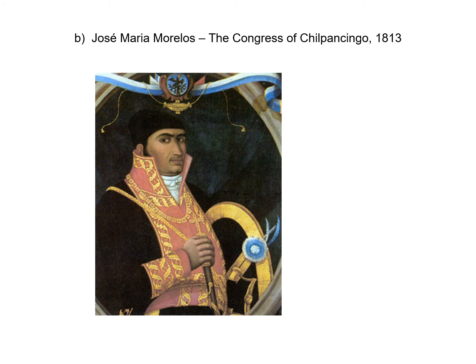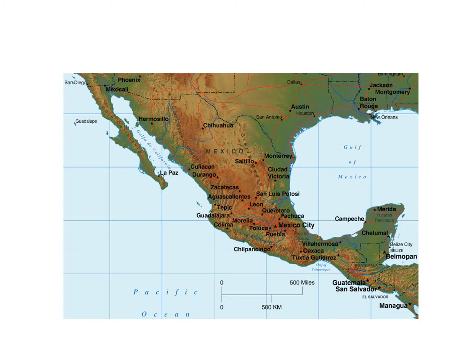It continued under the leadership of another priest, José María Morelos, a mestizo who now led the remaining troops, took them into the mountains of southern Mexico, and here he called the Congress of Chilpancingo, in the year 1813. I'm going to show you this on the map.